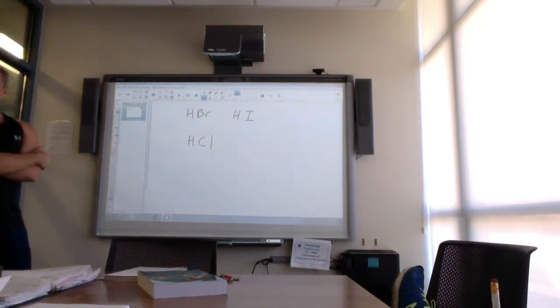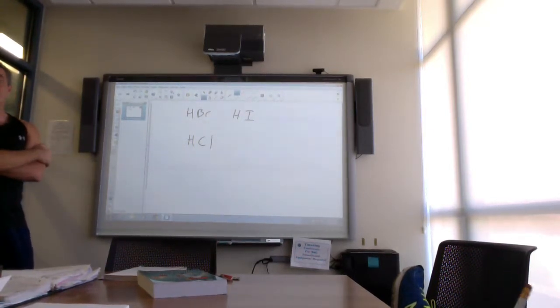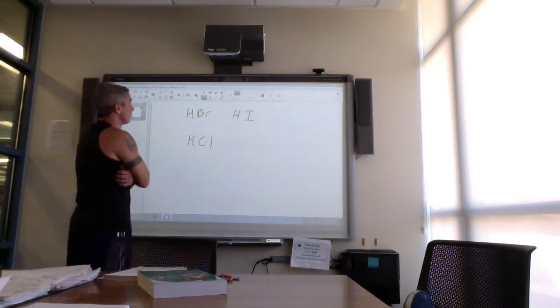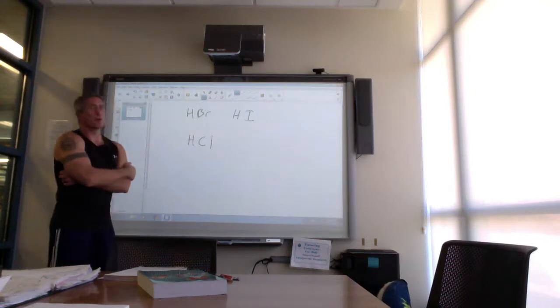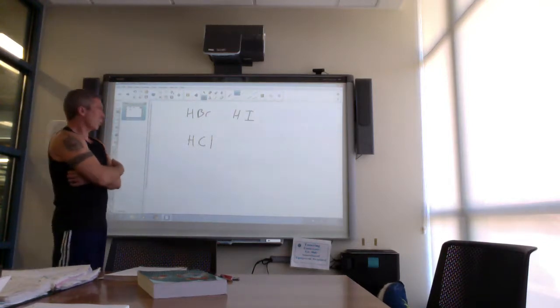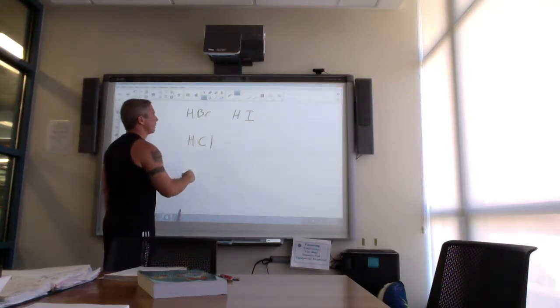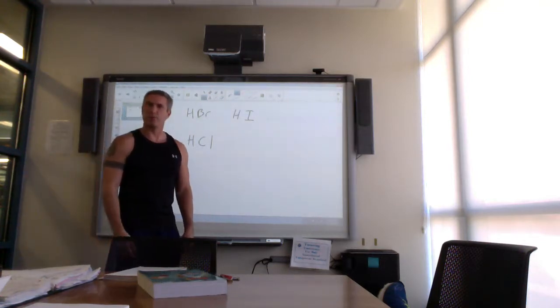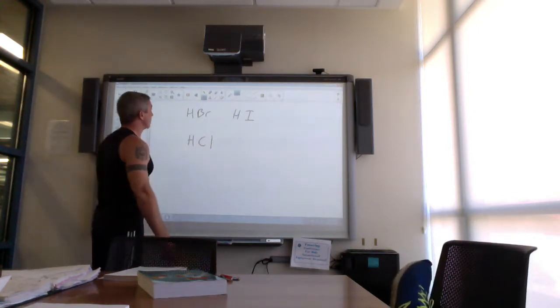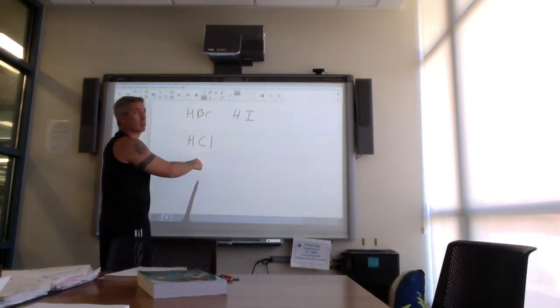In general terms, these are all strong acids. We know that, right? HF is the only one that's really not a strong acid, it's a weak acid. But the other three are. What's the rule we apply to decide which one's the strongest? The biggest. Why? More mass, more area. It's got more spherical area in its outer shell to hold more electrons. In this case, Cl is the smallest, right?